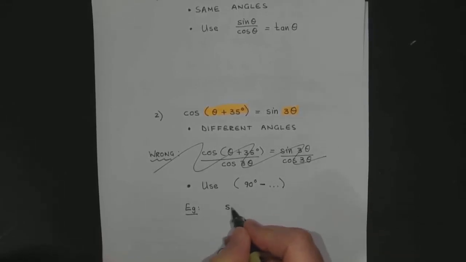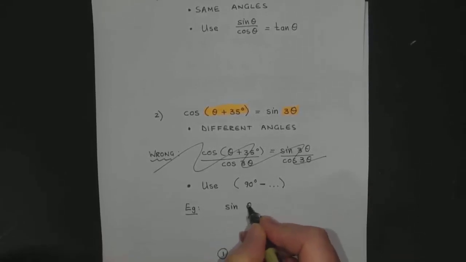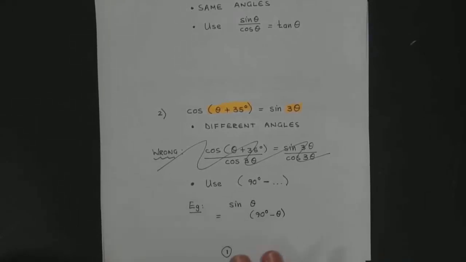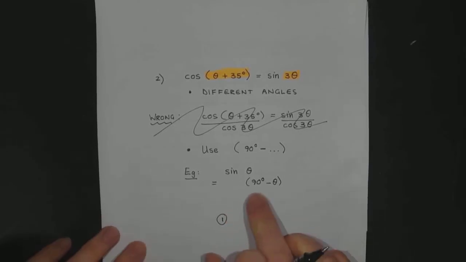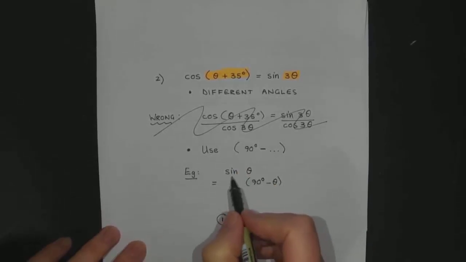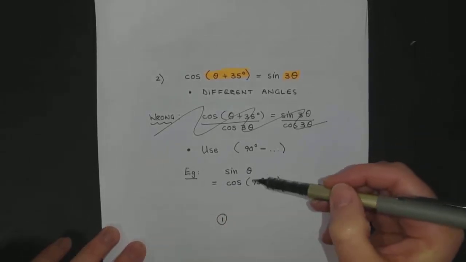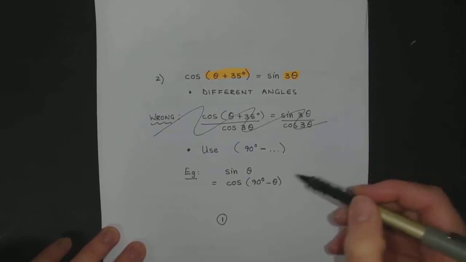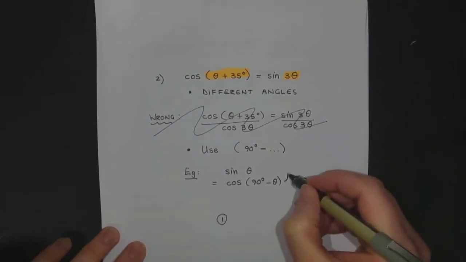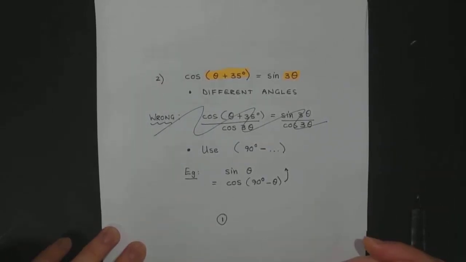If I have the sine of theta, I'm allowed to change theta into the complementary angle 90 degrees minus theta if and only if, so listen very carefully, if and only if I change sine into its complementary function, which is cosine. Now, this might seem a little bit strange going this way, but if I was going from this step to that step, that would actually be very easy to do.